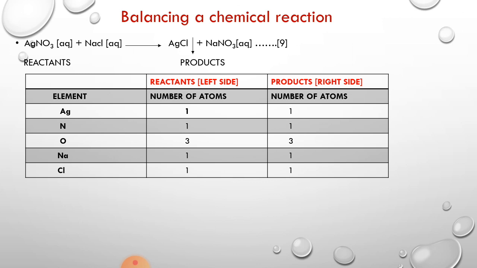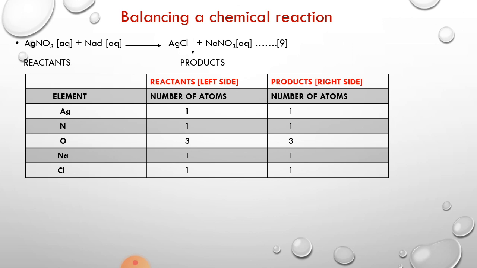So let's see. First take the reactants, the left hand side. Ag number of atoms is 1. Now see the right hand side in the products, Ag number of atoms is 1, so it is balanced. Then next, N. N has how many atoms?